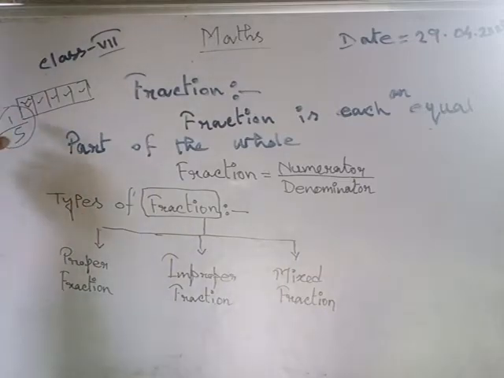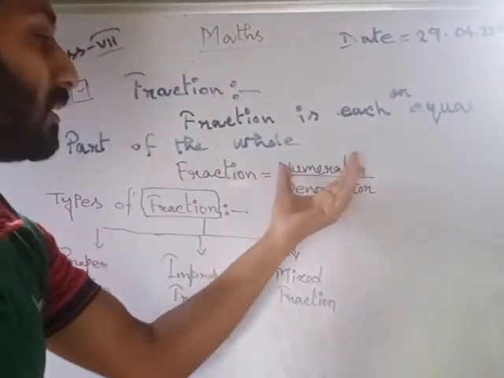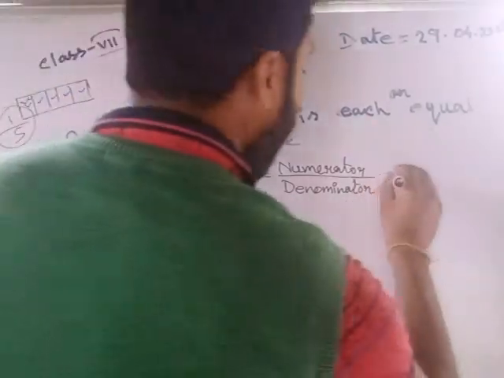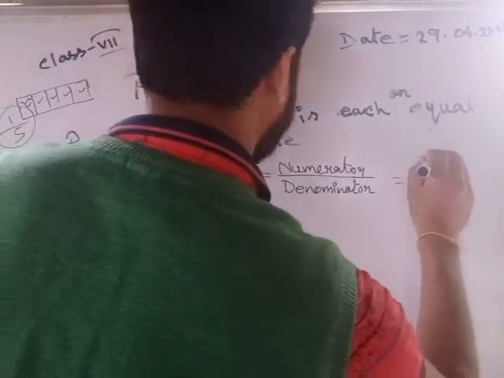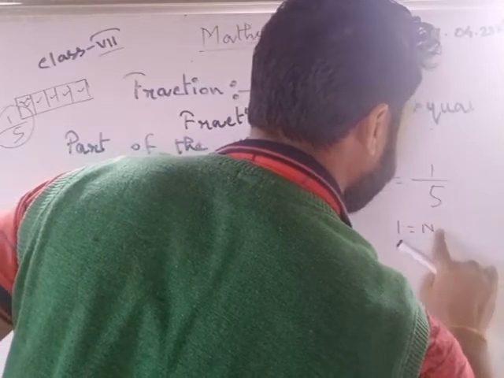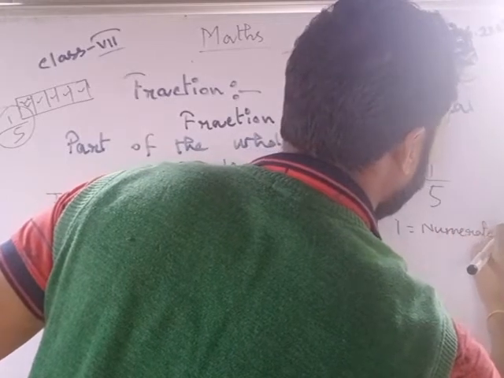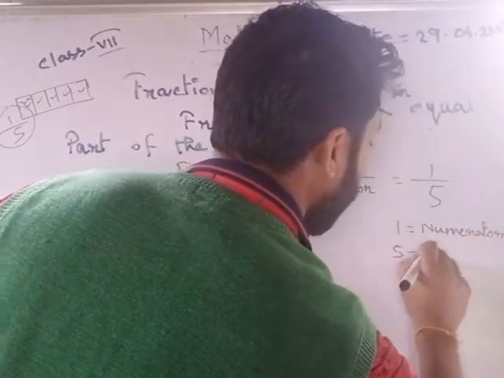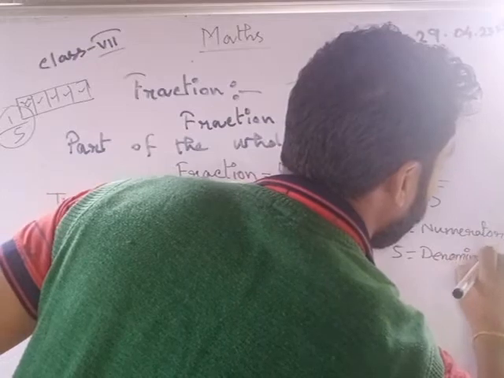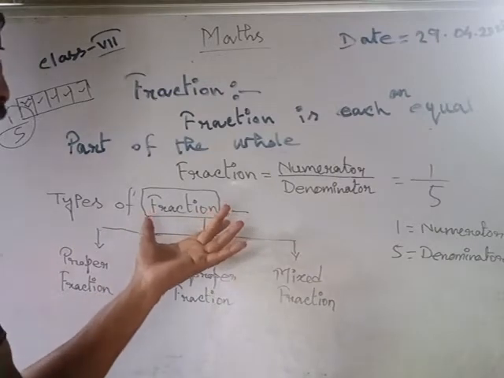That means there are 2 parts in the fraction: one is the numerator and the second is the denominator. The upper portion of the fraction is the numerator, so 1 is the numerator, and the 5 is the denominator.